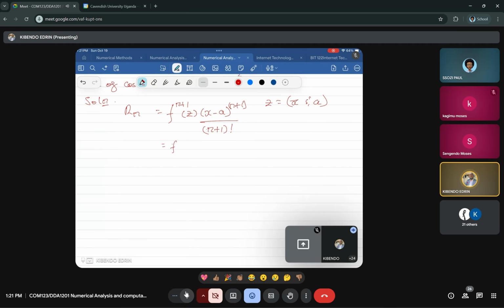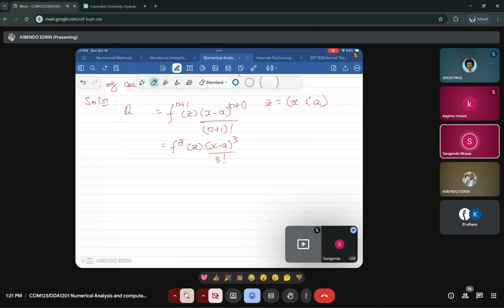That becomes F of 3 at Z, X minus A power 3 over 3 factorial. But this is R2. You leave that one on the second line. It's better to write therefore R2 is this.